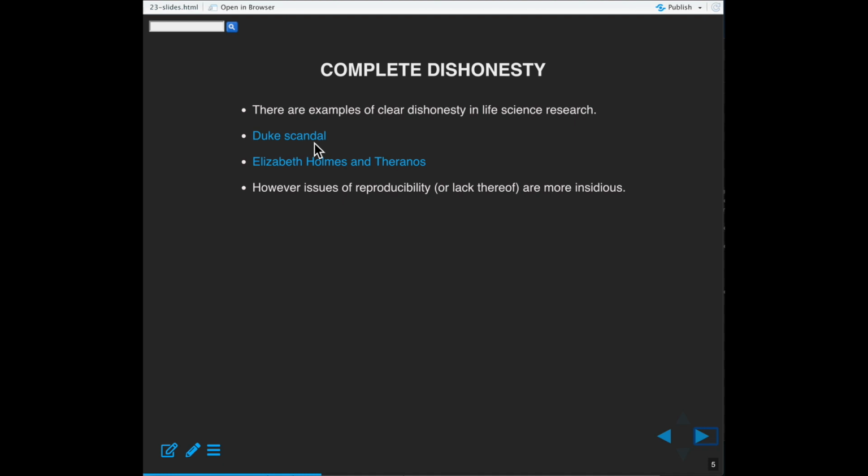Now, the paper had been published, I believe, in PNAS, Proceedings of the National Academy of Sciences, and a couple of really good biostatisticians at MD Anderson, I believe, both at MD Anderson, looked at it.